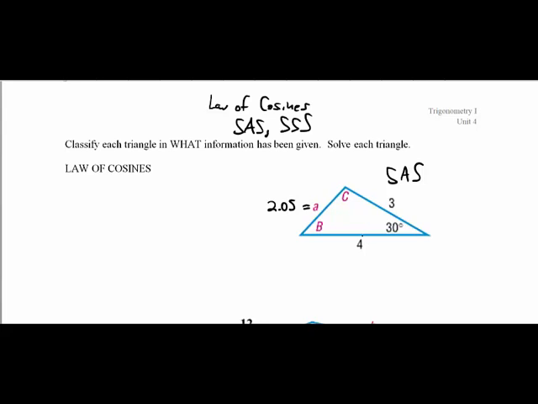So heed this warning. Do not use the law of sines after starting with the law of cosines. Stay with the law of cosines. It won't steer you wrong. There is no ambiguous case for the law of cosines with a side-angle-side or a side-side-side. Although you might be wondering to yourself, how am I going to find one of these missing angles here?